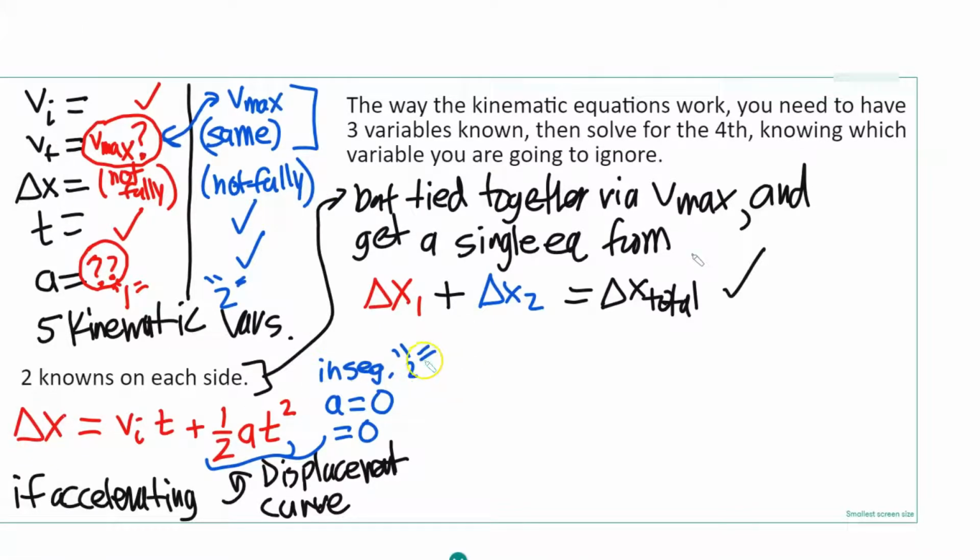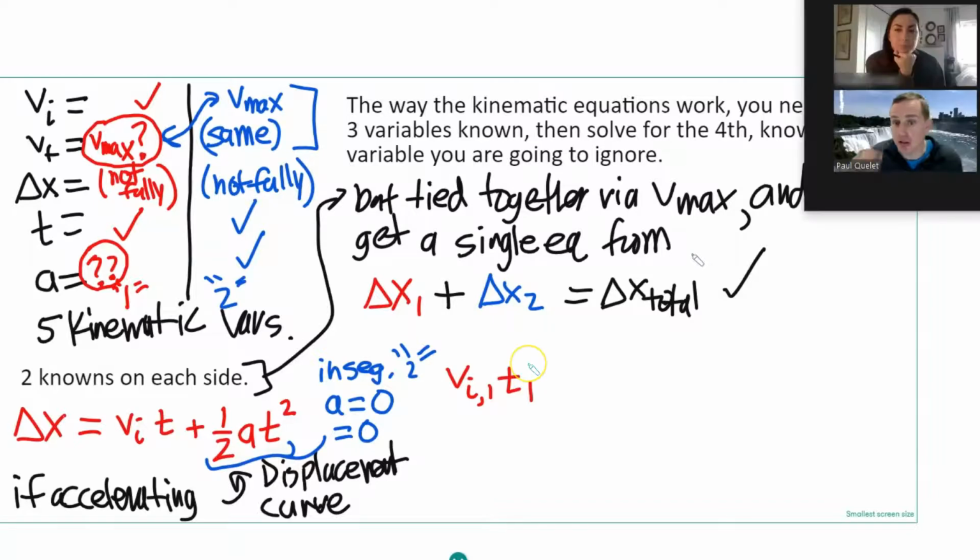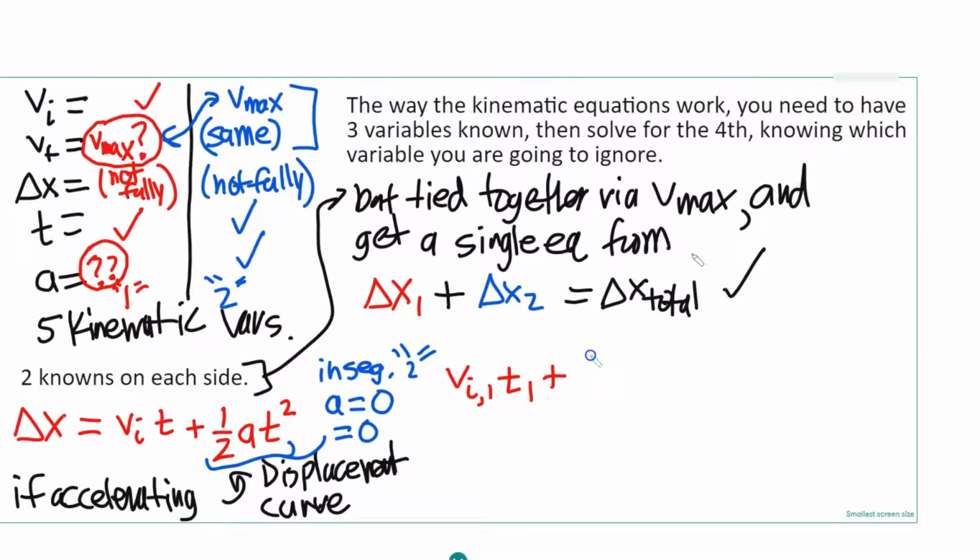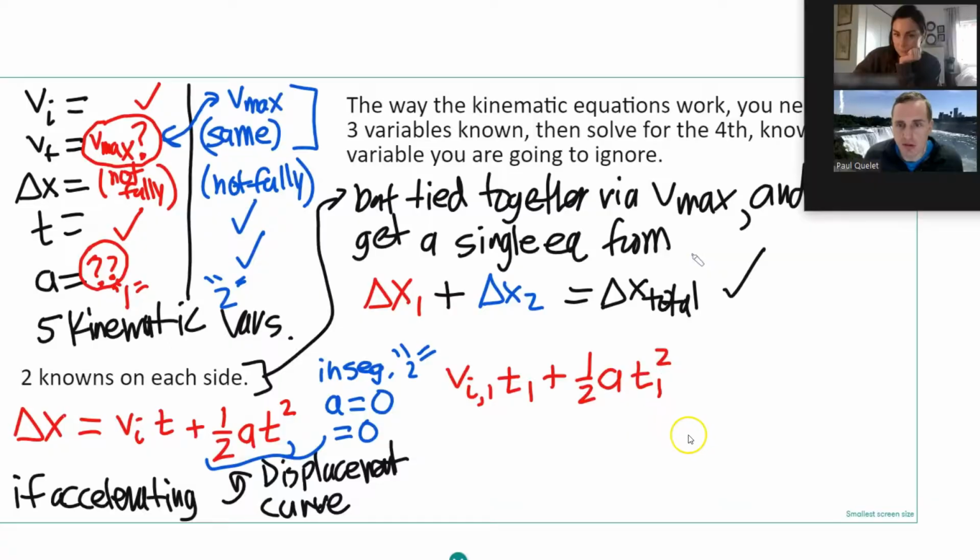Delta x1 should be v initial of segment 1 times t1. You see how I'm doing subscripts? Subscripts is important. Plus 1/2 a times t1 squared. Notice I'm not just doing any t, I'm doing t1, only of segment 1, right?